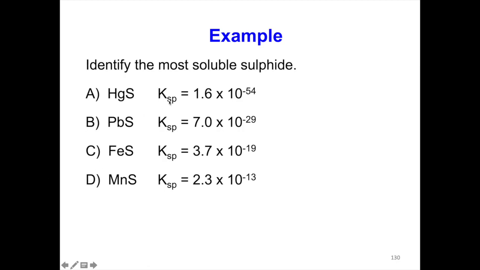Identify the most soluble sulfide. Remember, in order to find the most soluble salt, we need to look at its Ksp value. Keep in mind that the bigger the value of Ksp, the higher the solubility of the salt. From the choices that we have here, which of these salts is the most soluble?